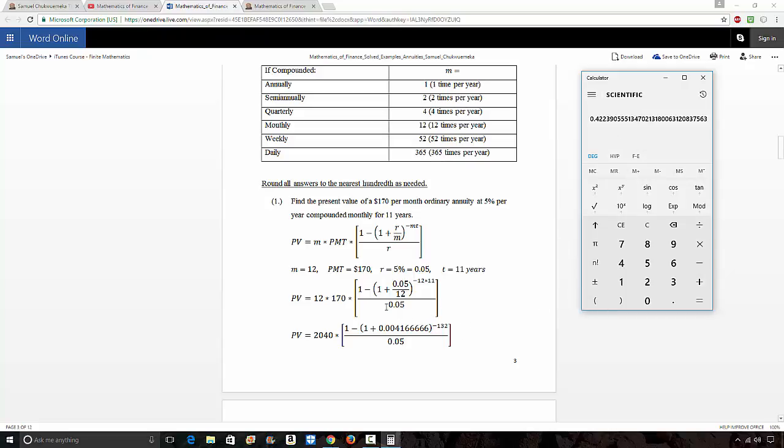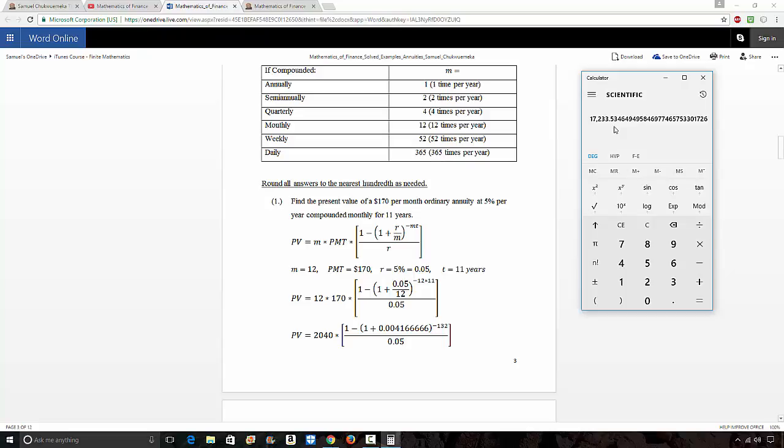And I can just multiply by 12 and multiply by 170 and divide everything by 0.05. Okay, I can do that. Times 12 times 170 equal to. Then I divide by 0.05 equal to. So that gives me $17,233.53.